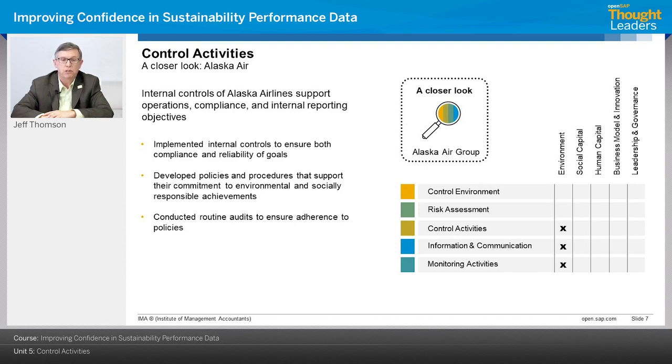And their internal controls support a broad range of objectives, which is what COSO was always intended to do. They've implemented internal controls to ensure both compliance and reliability of goals. So it's one thing to comply, but it's another thing to be reliable and sustainable in your achievement of goals. They've developed policies and procedures that support their commitment to environmental and social responsible achievements.